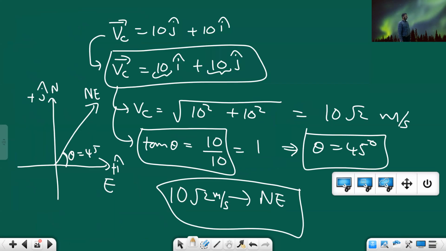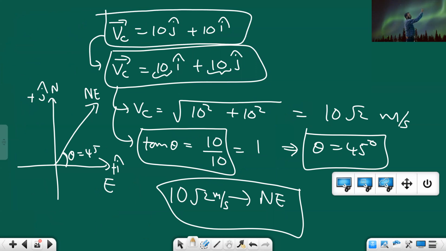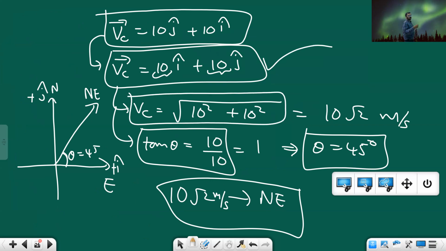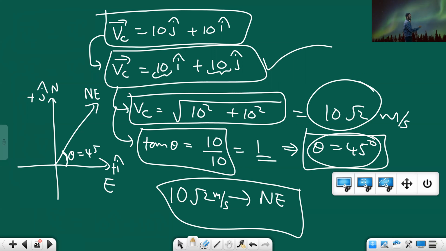After getting the VC bar value, 10 I cap plus 10 J cap, the magnitude of the vector is square root of 10 square plus 10 square, 10 root 2. And tan theta is y component by x component, J component by I component, which is 1. Theta is 45 degrees, meaning exactly in between.